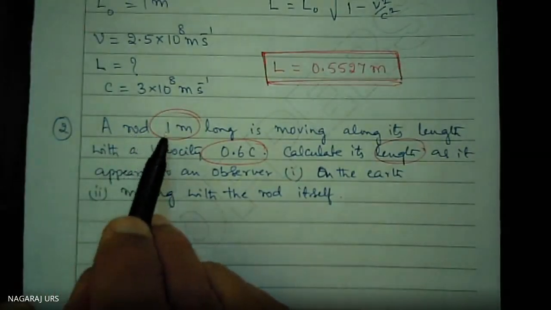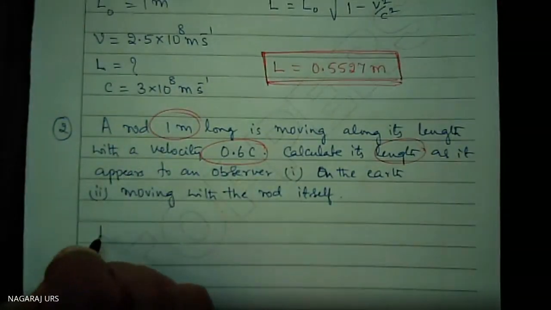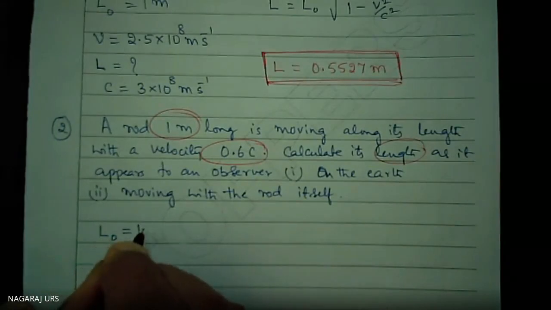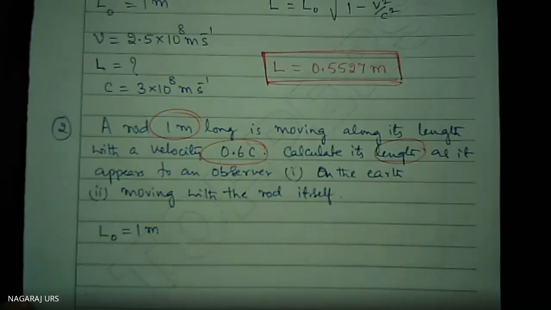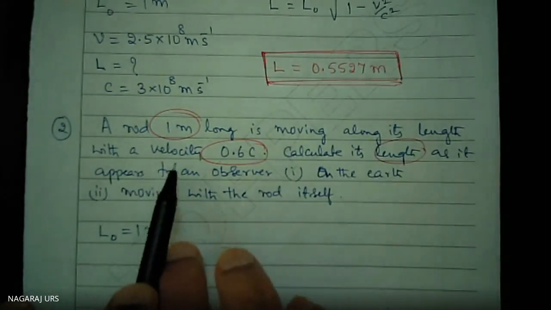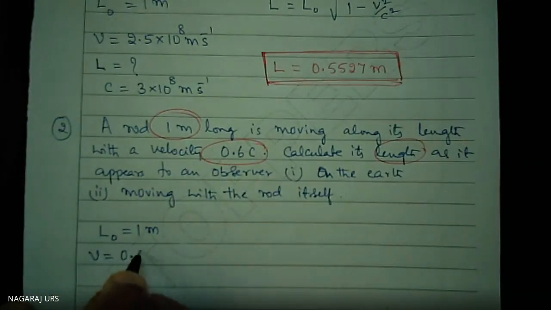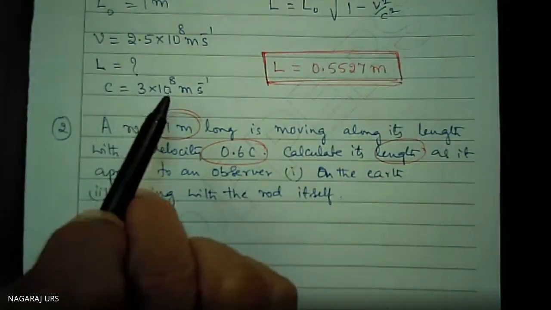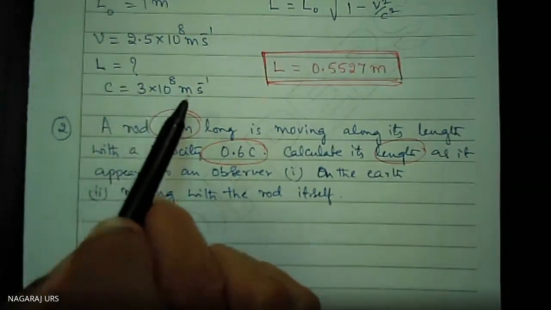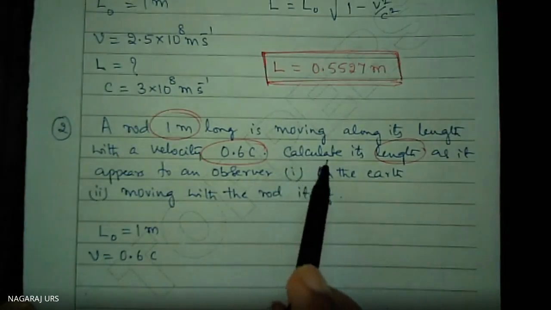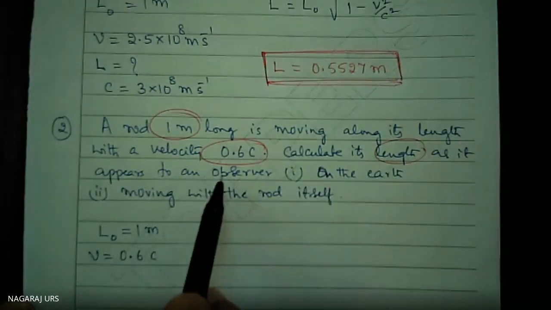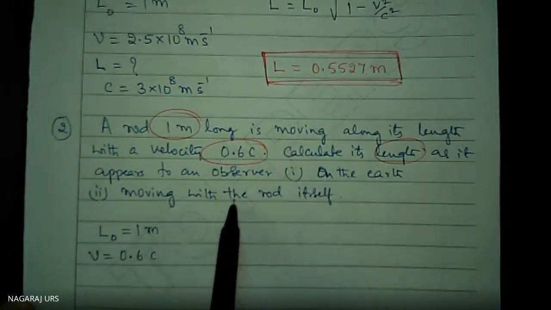L naught is equal to 1 meter, the original length, which is moving with a velocity v of 0.6 times c. Of course, the c value is a known thing. If you want, you can substitute the c value. Calculate its length as it appears to an observer on the earth and moving with the rod itself.